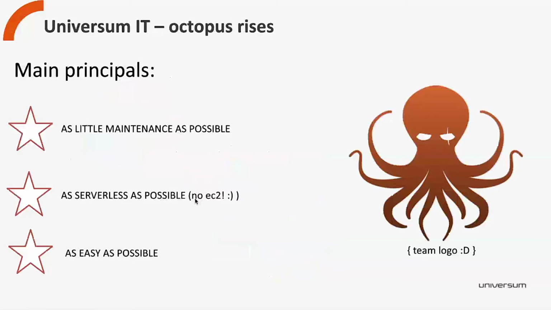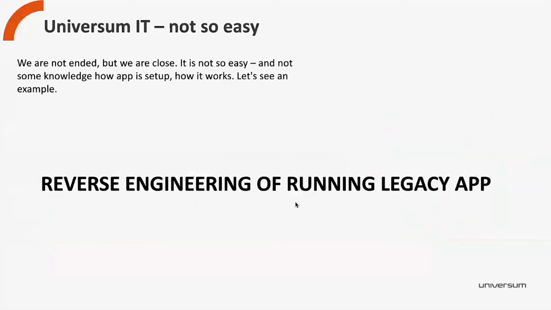So we do not have bare metal, we do not have EC2s, we are just using cloud, and as easy as possible. For example, we've come to a situation where there are no developers left from the company that wrote some app, and nobody knows how it works. So we, as DevOps, for migration, have to know how the app works without developers.